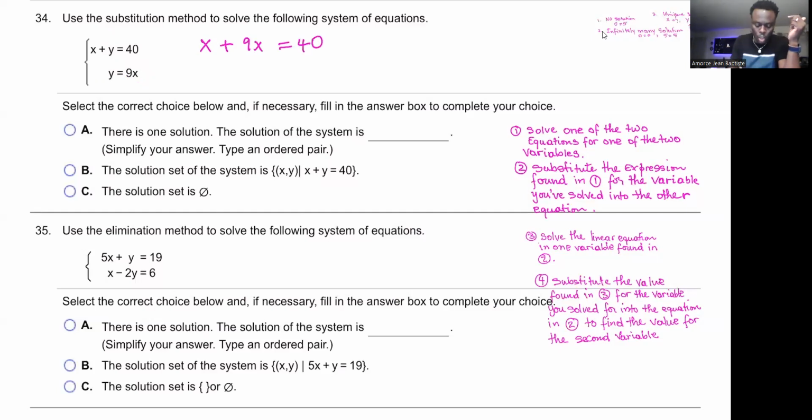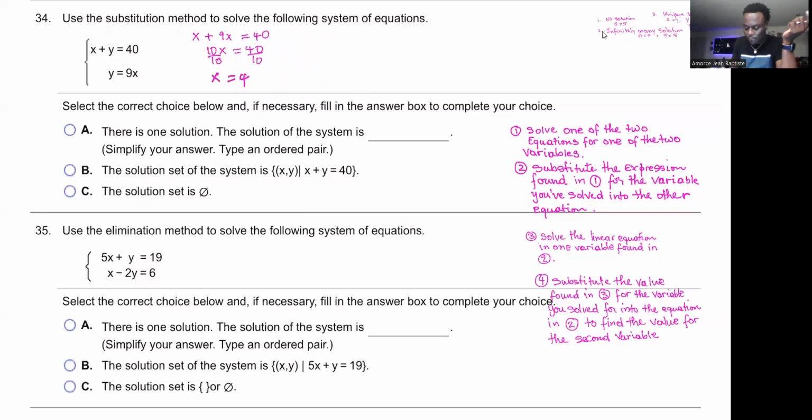And then solve this equation, which is step 3. You're going to solve this linear equation for the variable x. So 10x equals 40. Divide by 10. We get x equals 4.